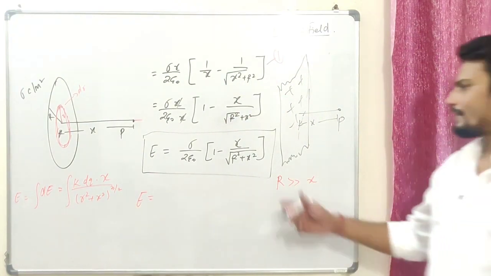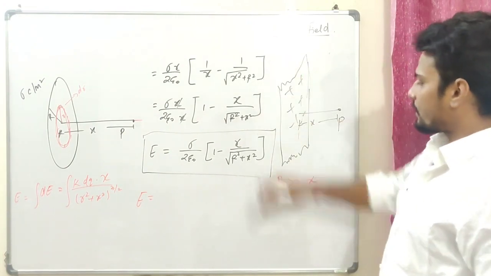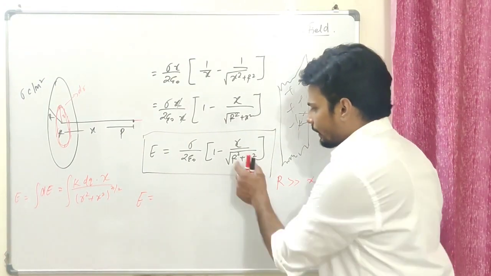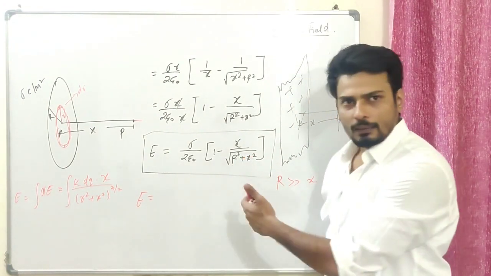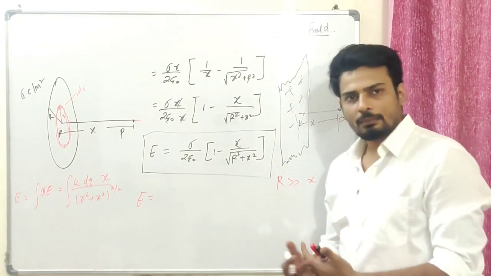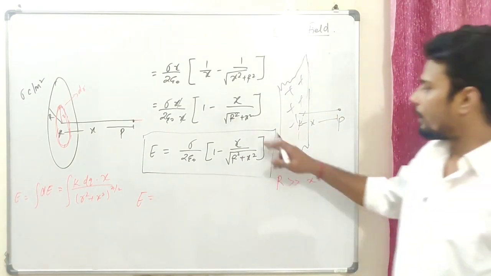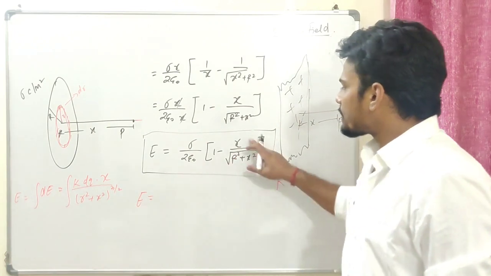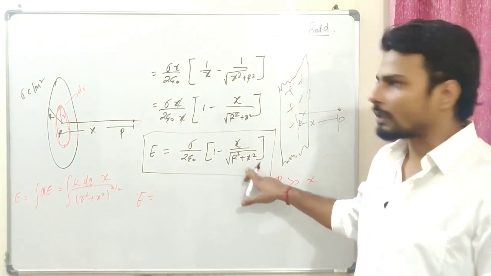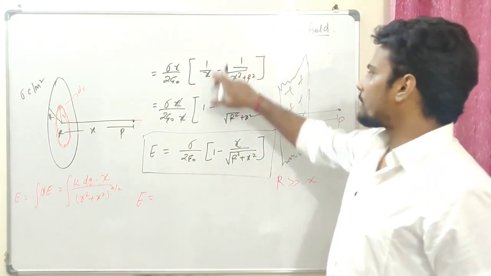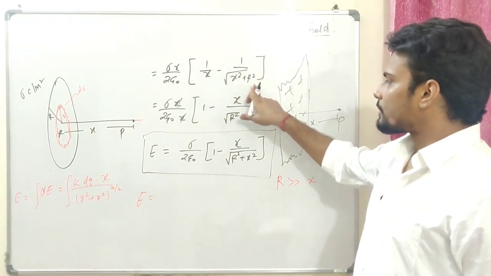Okay, r becomes infinity compared to x, isn't it? So this part becomes how much? 0. Anything over infinity becomes 0. You can look at here also, 1 by x minus 1 by infinity becomes 0.